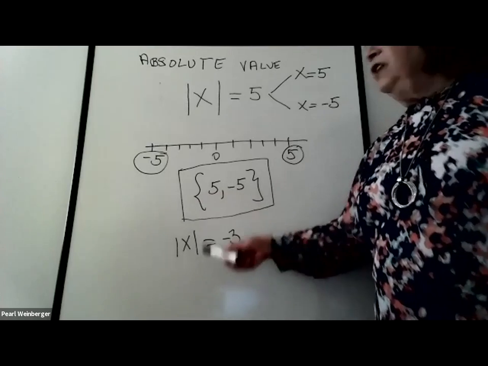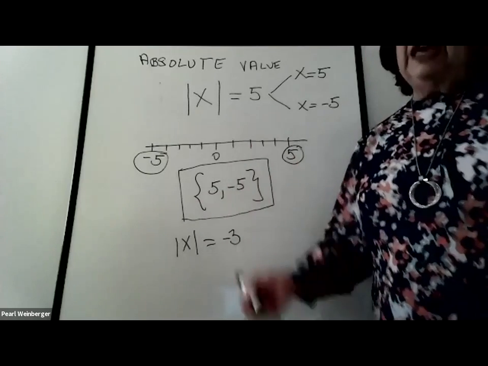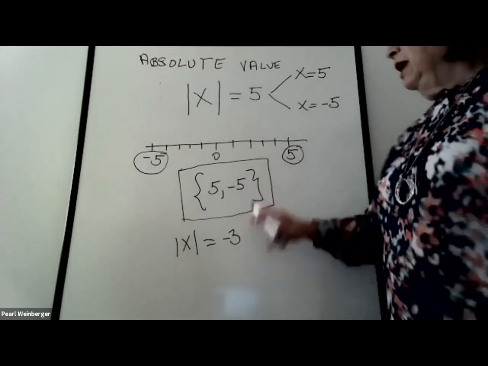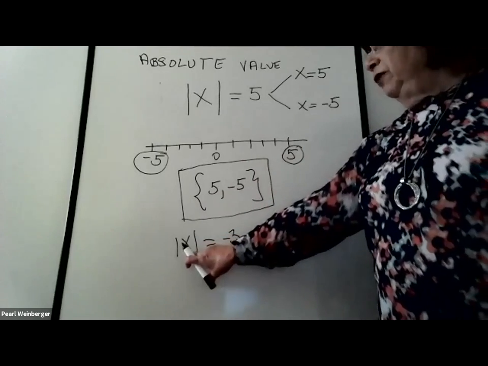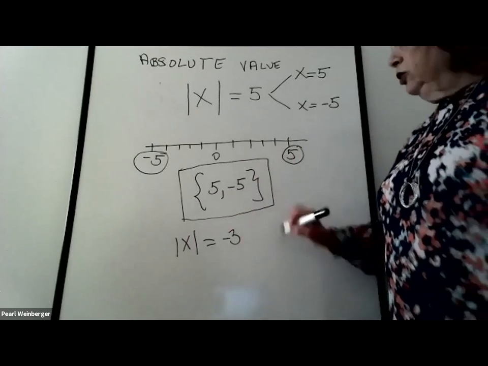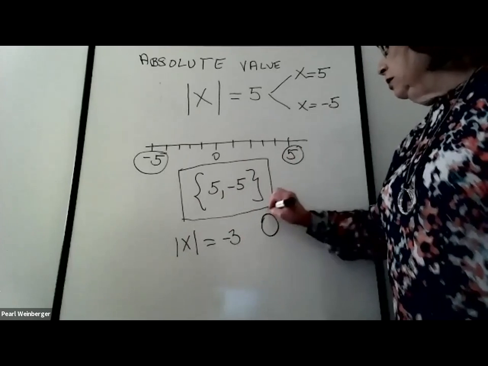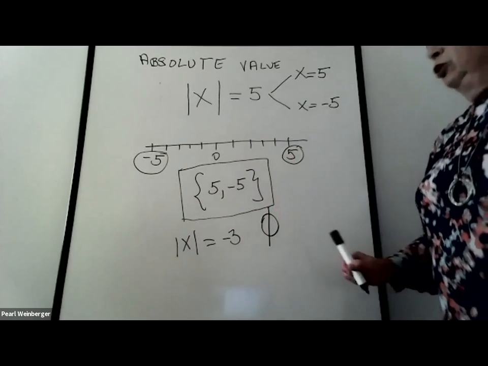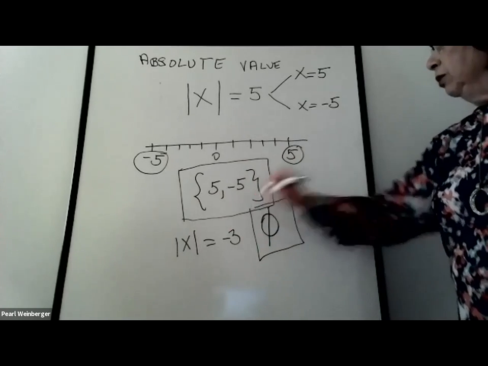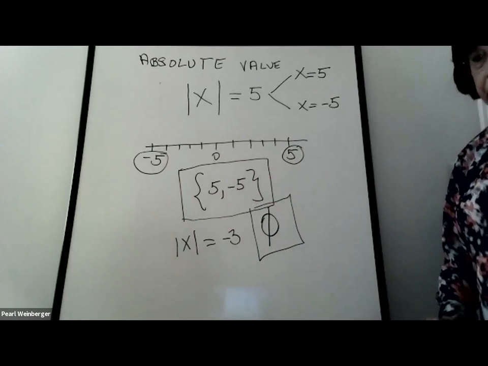Because the absolute value of a number always has to be a positive number. It never can have a negative. So if I say the absolute value of x is equal to -3, this is a faulty equation. It can't have any solution. So therefore, this is my solution. I don't have to do any work at all.